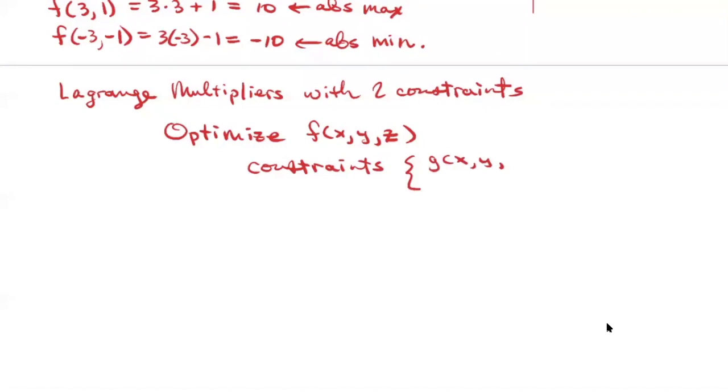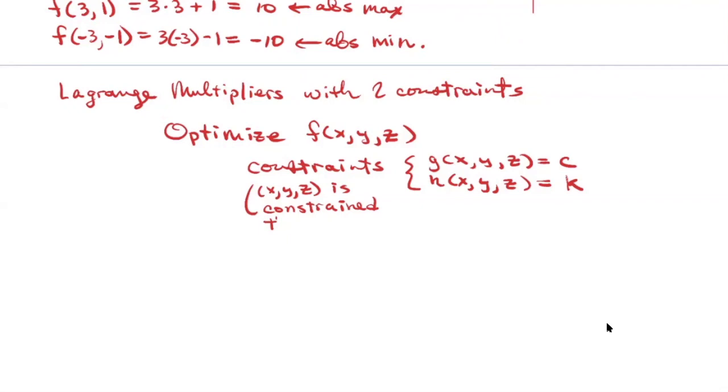And then those points are also constrained to another surface, h of x, y, z equals, let's say, k. So if both of these surfaces are constraint curves, then x, y, z is constrained to be on the intersection of these two surfaces.